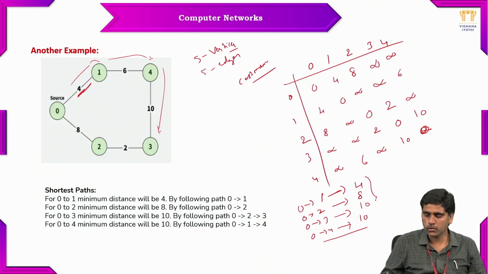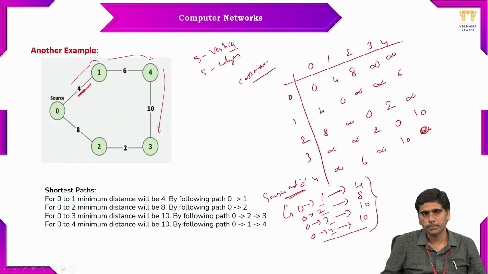So now these are all the shortest distance values from source node 0 to all other nodes: 0 to 1, 0 to 2, 0 to 3, 0 to 4. After that, update all the values.